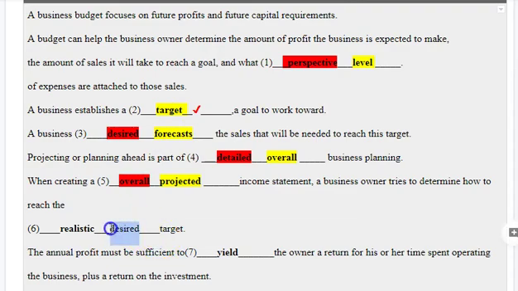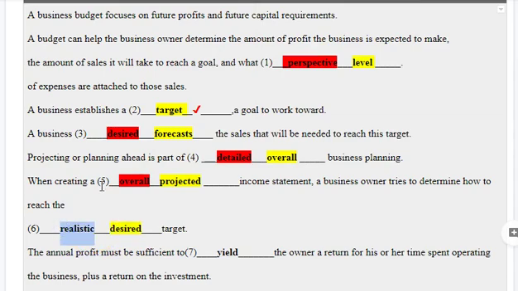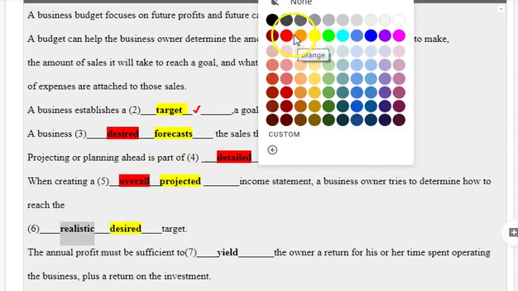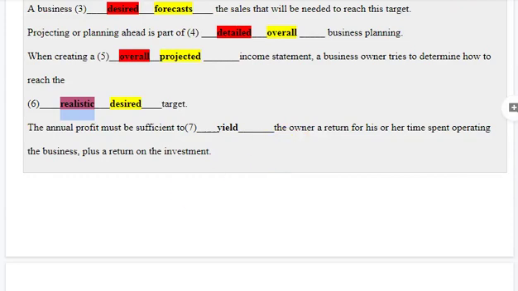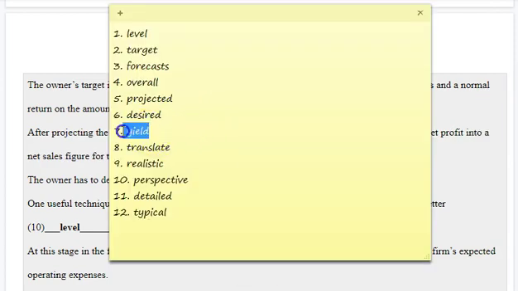The annual profit must be sufficient to yield the owner a return for his or her time spent operating the business plus a return on the investment. The owner's target income is the sum of a reasonable salary for the time spent running the business and a normal return on the amount invested in the firm.